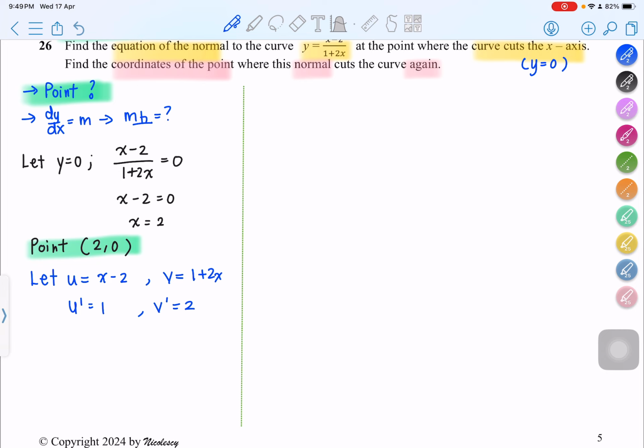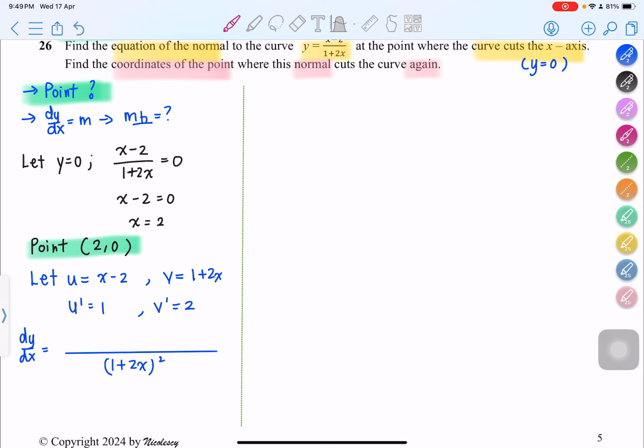Then we differentiate to find dy/dx using the quotient rule. My denominator is v squared, so I put (1 plus 2x) squared.